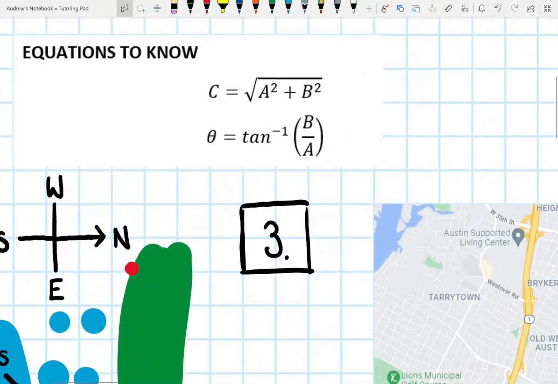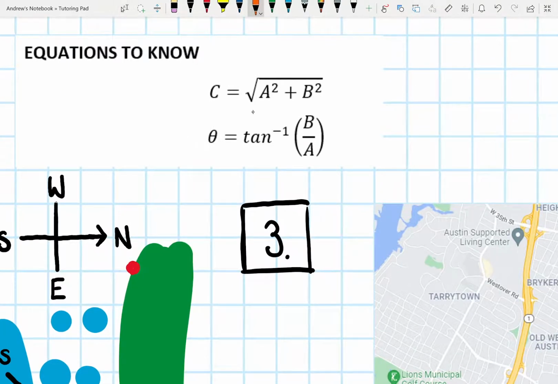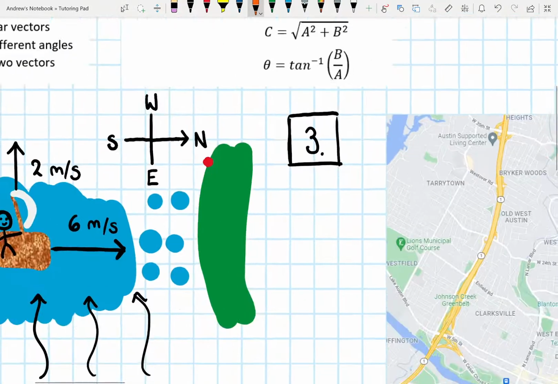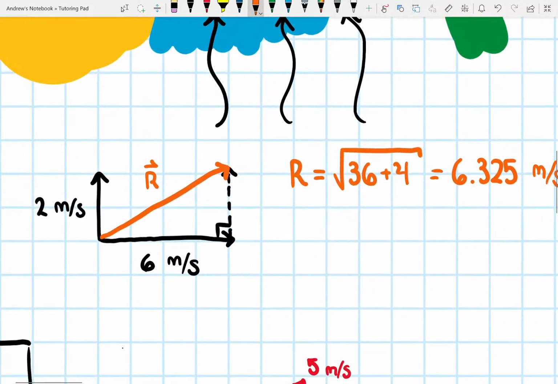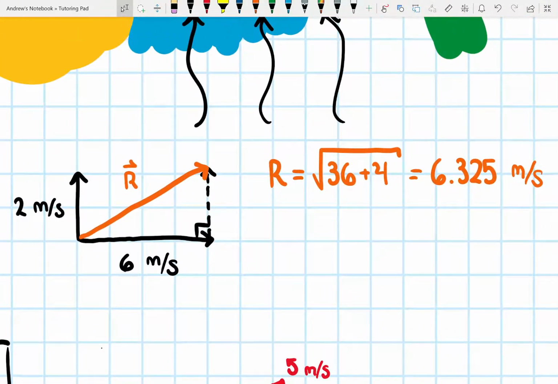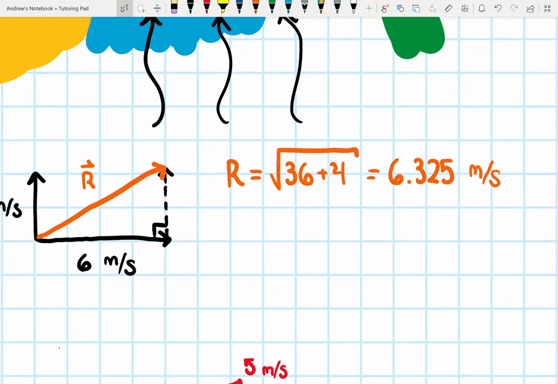In order to do that, we're going to use the second equation here, this angle equation, which utilizes the inverse tangent. Now, you'll remember that the tangent of an angle is equal to the opposite leg over the adjacent leg, or TOA, I guess you could say.